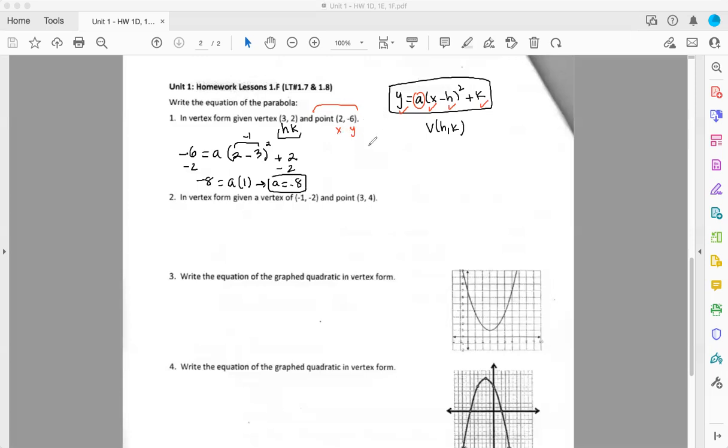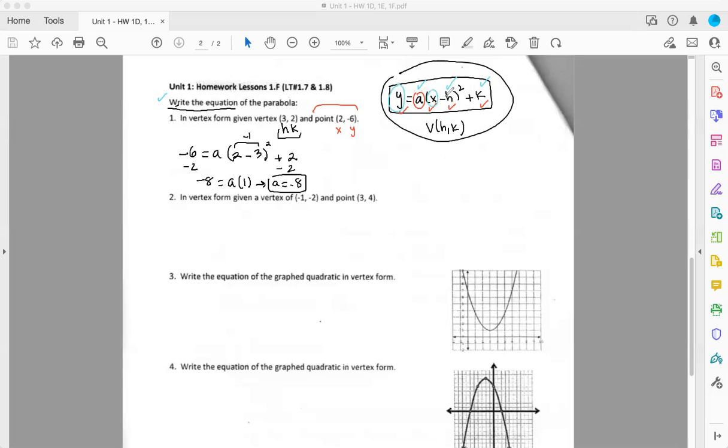So now, how do you find the equation? Because remember, the question was write the equation of the parabola. When they say write the equation, they're expecting you, at the end, to plug in for a, plug in for h, and plug in for k. The y and the x remain y and x in the final equation.